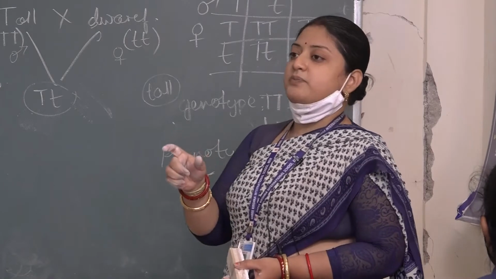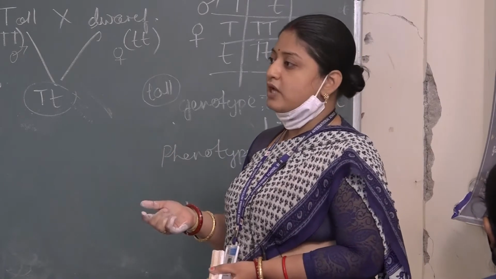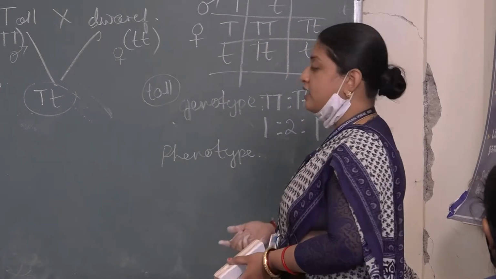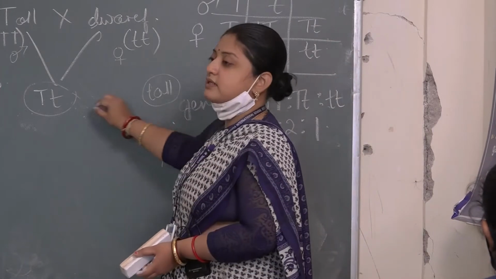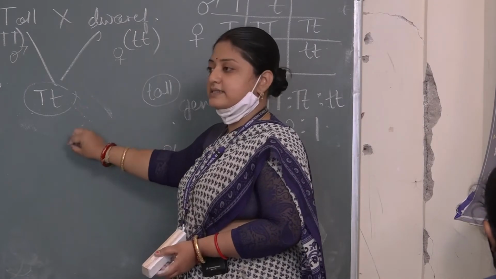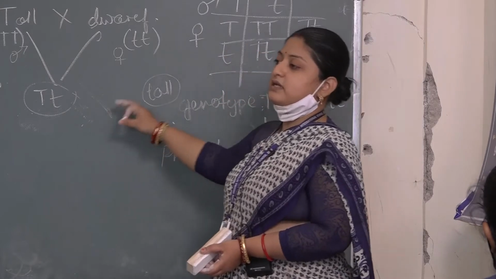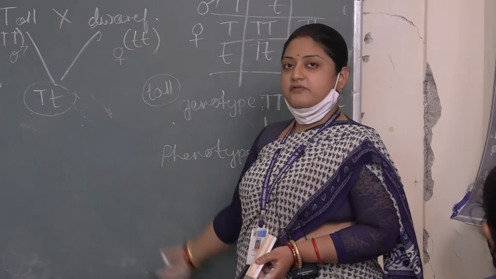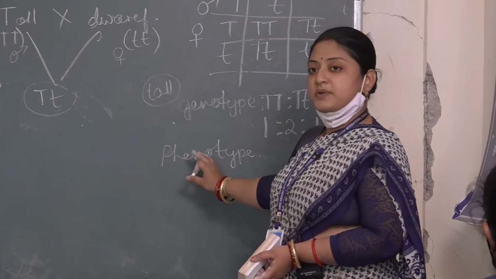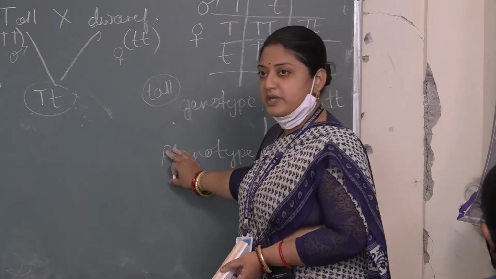Either the seed shape is wrinkled or round. It is observed or expressed, and you can easily answer whether it is a tall or dwarf plant, whether the flower position is axial or terminal. So those characters which are expressed are known as phenotypic characters.